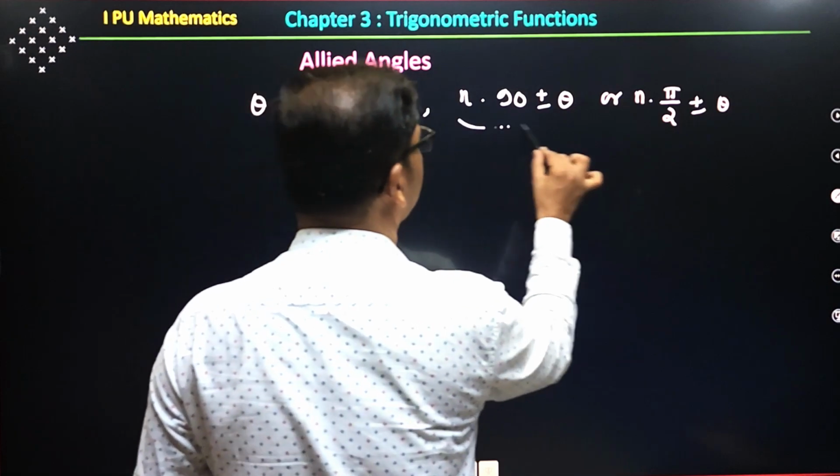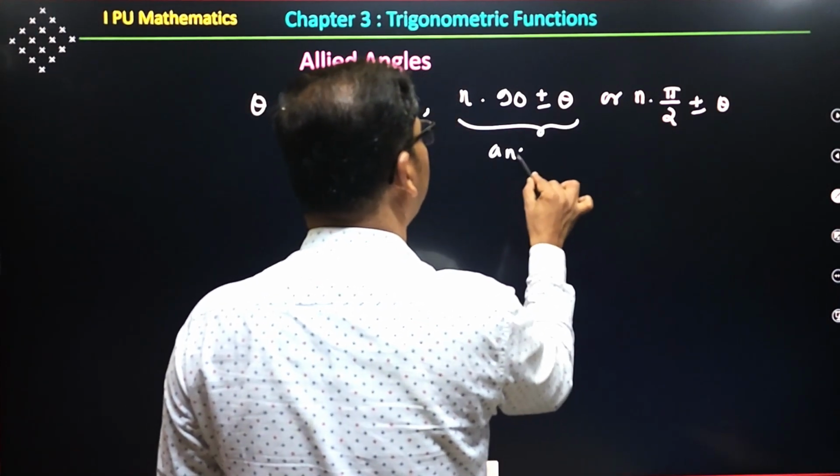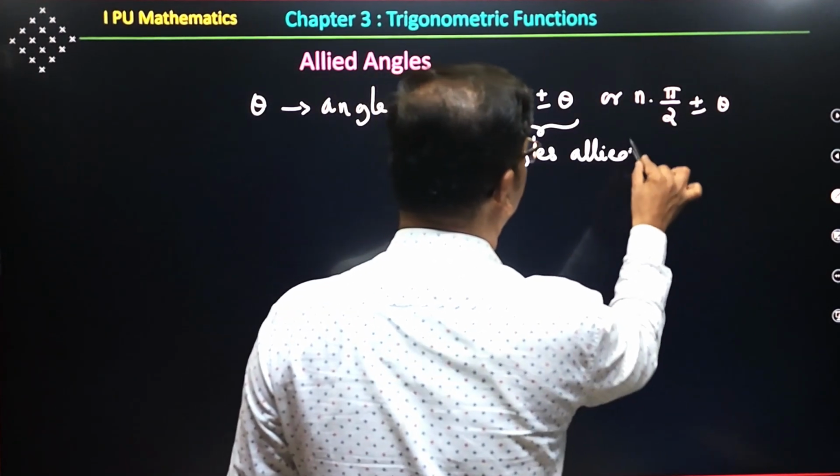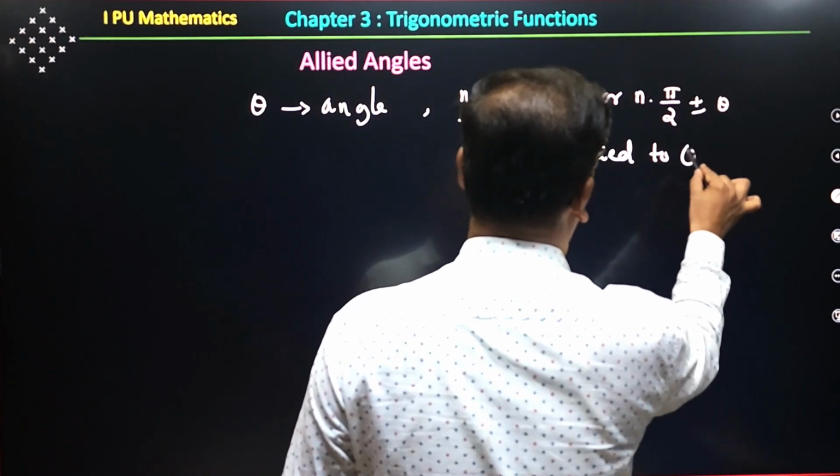These are the angles allied to theta, meaning related to theta.